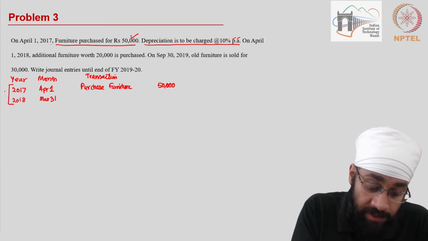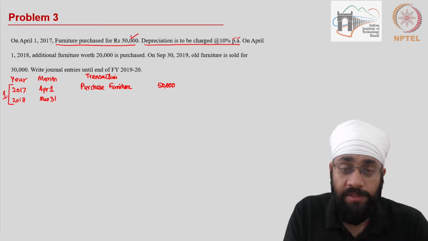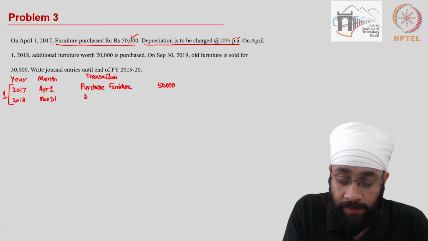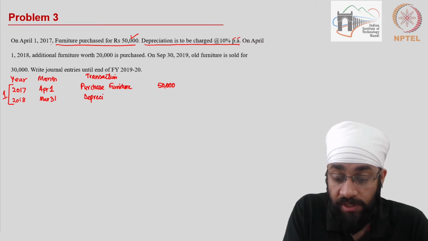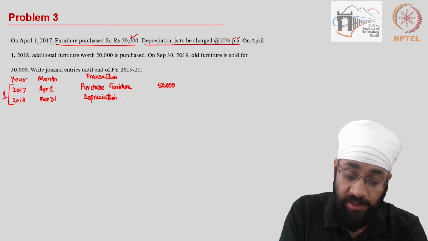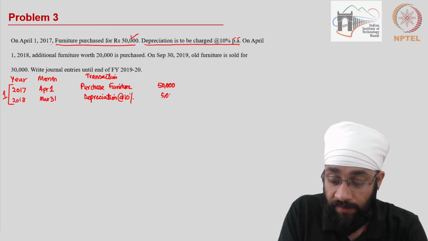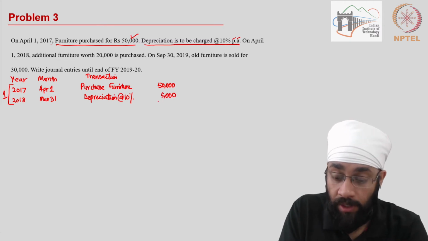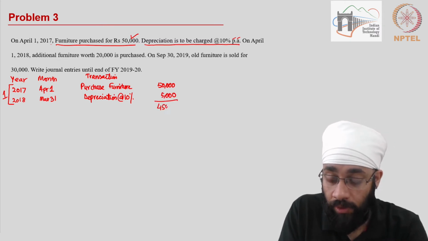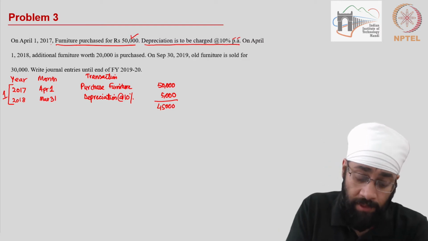So let me write this as year 1. First year ends here, and at this point in time you are going to charge depreciation. Depreciation will be charged at the rate 10%. Which means 5,000 will be the depreciation, and therefore the new book value is going to be 45,000.